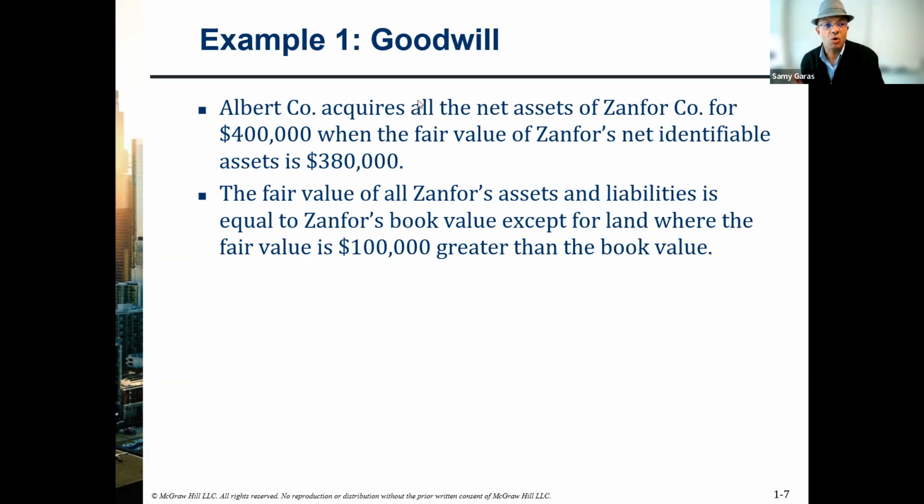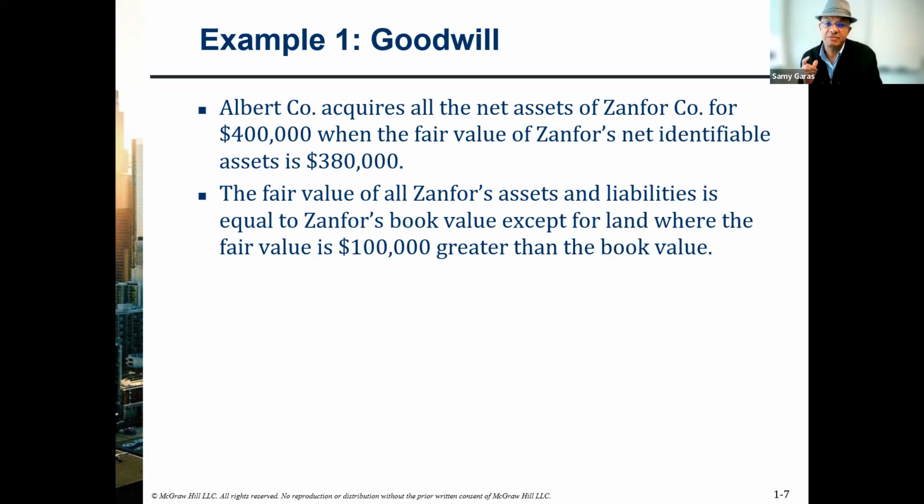When I say all, it means acquiring 100% of ownership from Zanfor Company for $400,000, when the fair market value of the net identifiable assets of Zanfor Company is 380. The fair market value of Zanfor Company is equal to the book value.